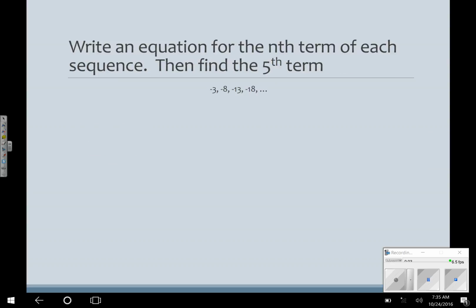It says write an equation for the nth term of each sequence and find the 5th. It actually probably should say 50th term. So if I look at this sequence from negative 3 to negative 8, I'm subtracting 5, subtracting 5 again, subtracting 5 again.